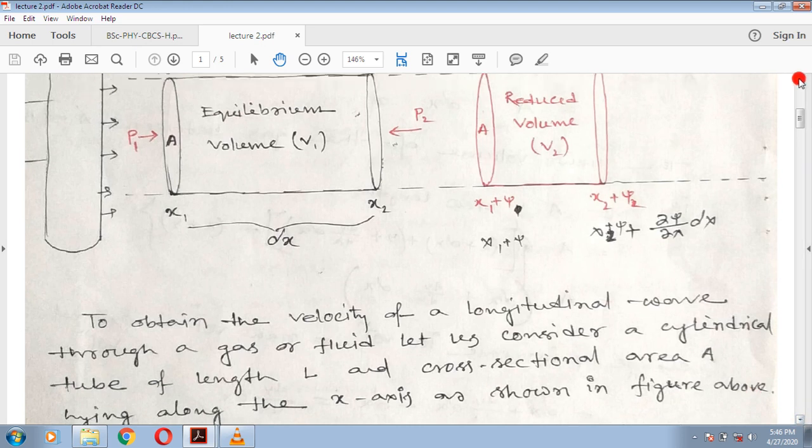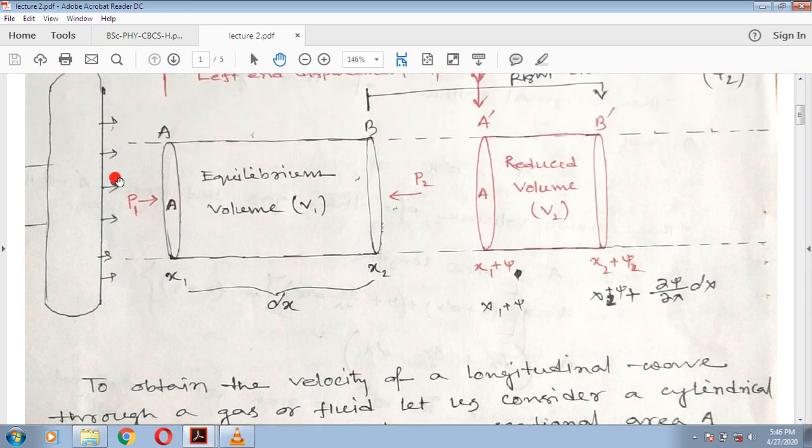Now if we create a longitudinal wave which exerts pressure or force on the medium, then what happens? Any particular segment of the material, for example this segment, experiences force and hence displaces towards the right.